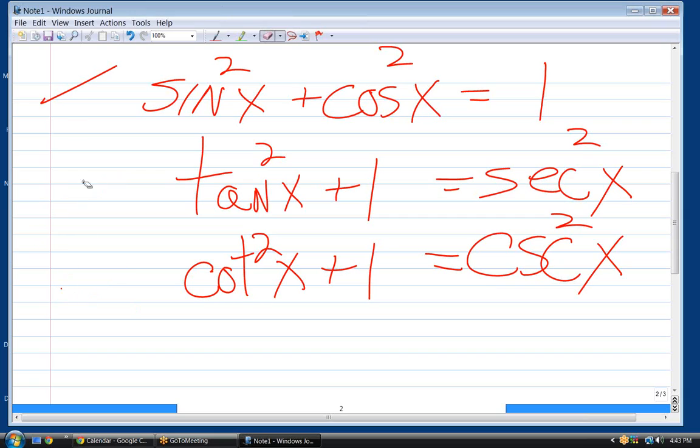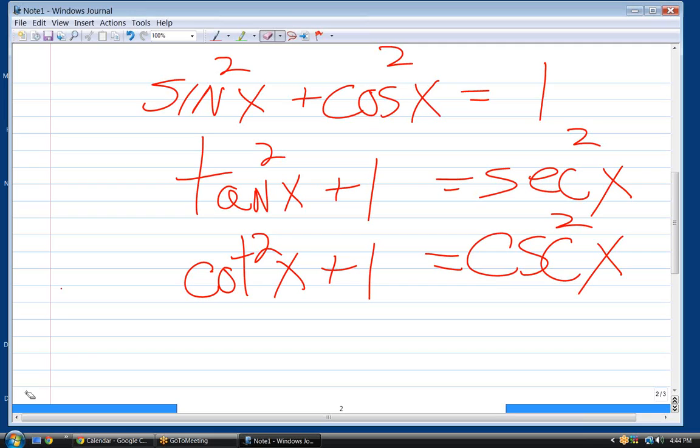There's a secret to memorization on this trig. In other words, there are 11 identities you must know: 6 reciprocal, 2 quotient, and 3 Pythagorean. But you really only have to memorize 7 things.